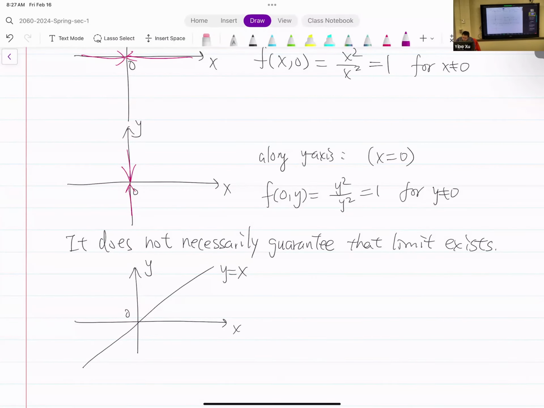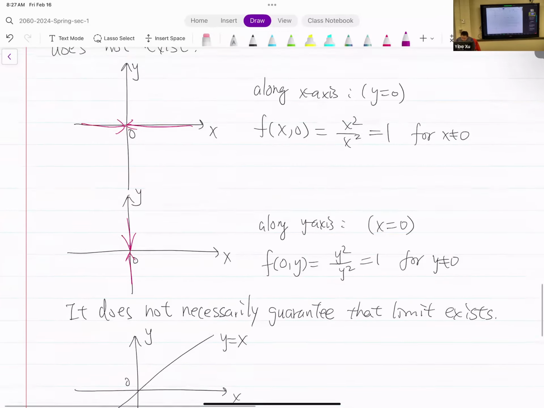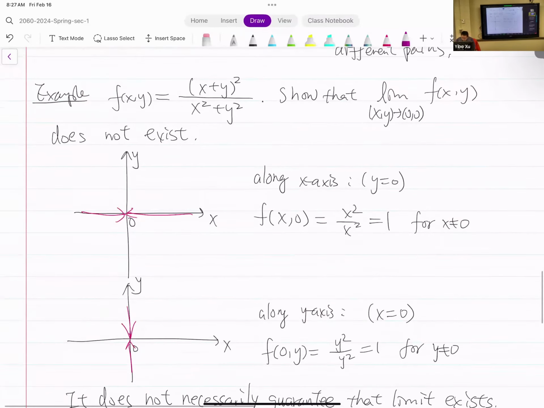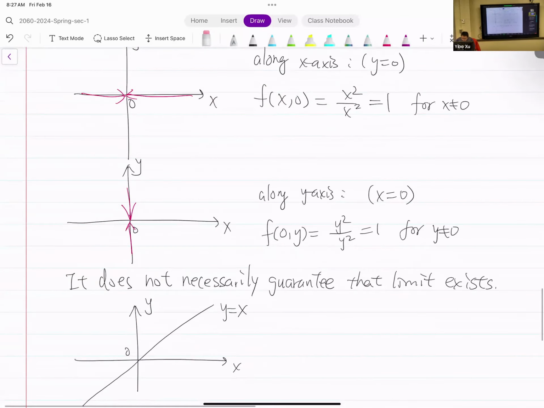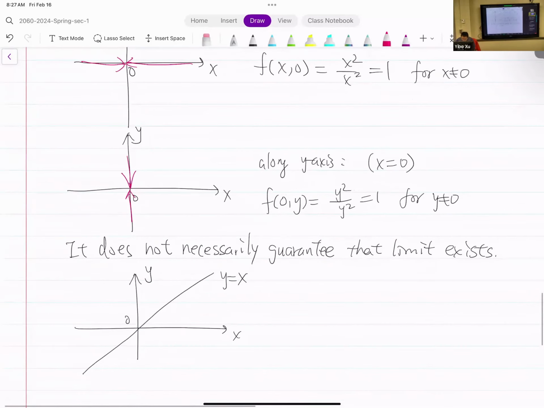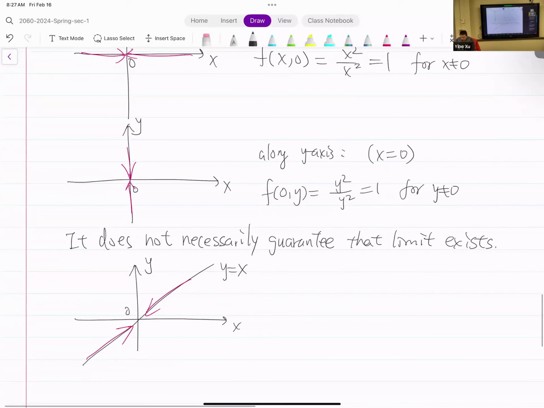So now let's think about y equals x. When you have x equals y, you are along this line and you're approaching from the two pieces, upper and lower pieces, along y equals x.